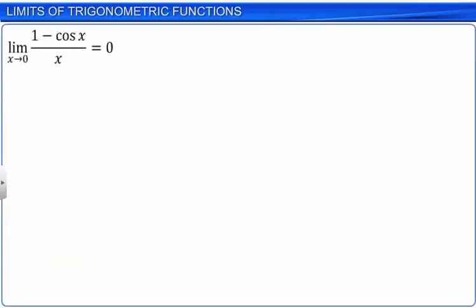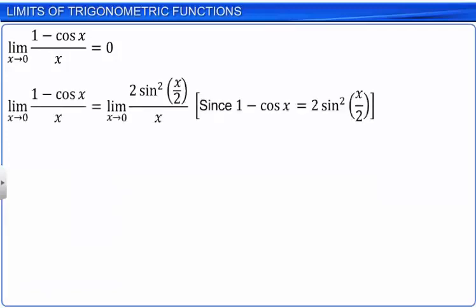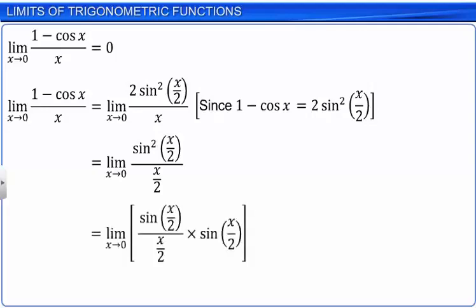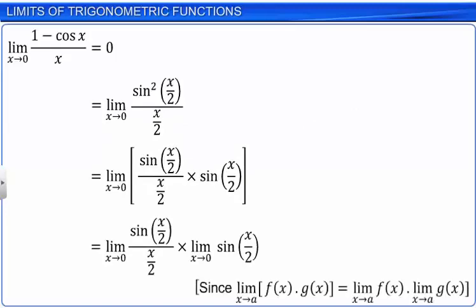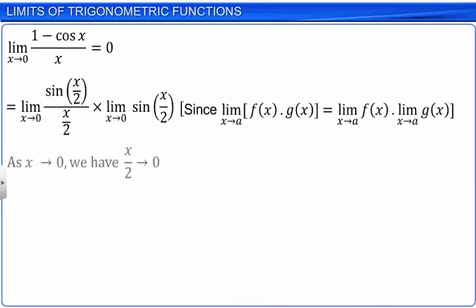Let's look at the second proposition. We will use some relations from trigonometry. We will rearrange the expression of the function as shown. As x tends to 0, x divided by 2 also tends to 0.